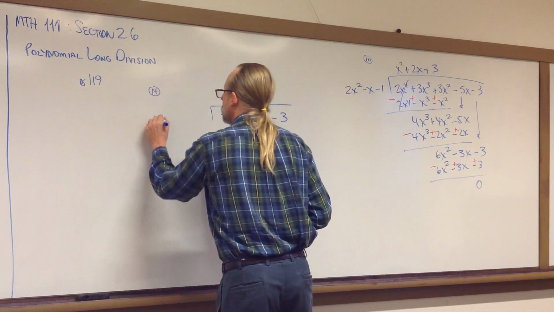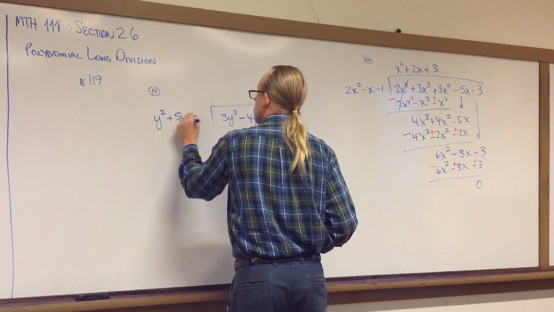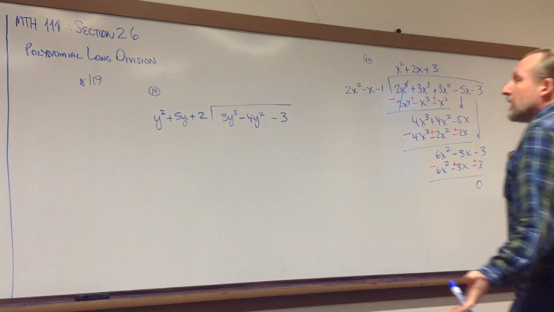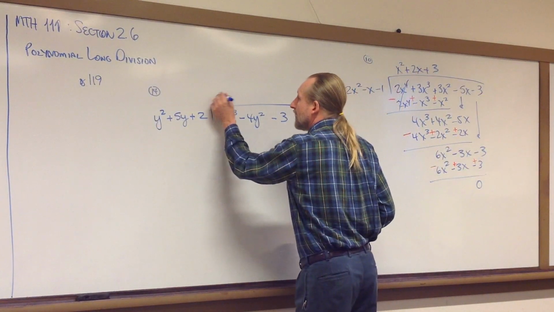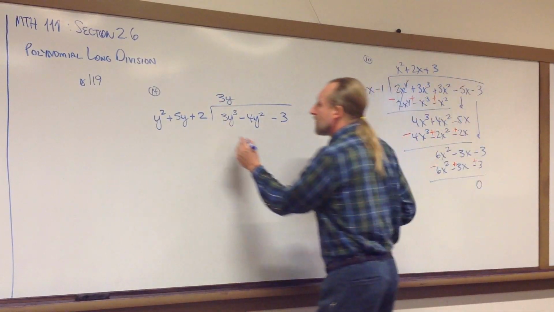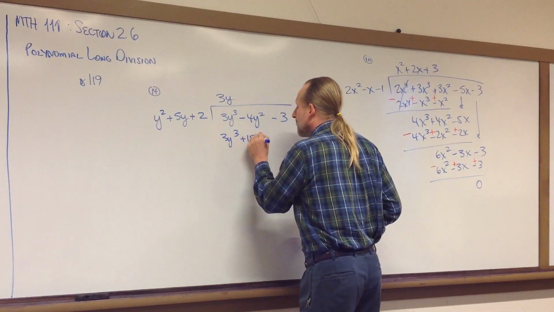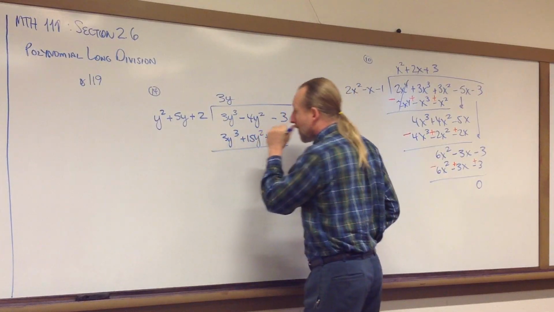And we're going to divide by y squared plus 5y plus 2. All right, so what do we multiply the y squared by to get 3y to the 3rd? Well, we need to multiply by 3 and y to the first. All right, so there's our 3y to the 3rd, and then 15y squared, and then 6y.